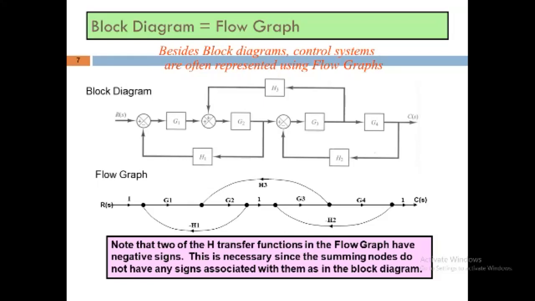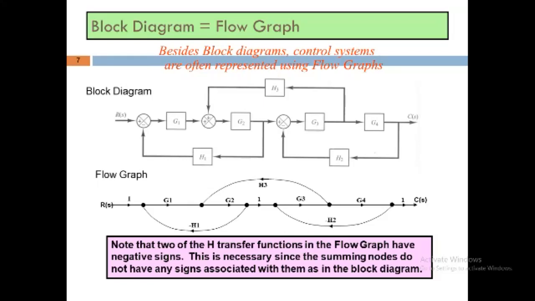To derive this expression, we know that the transfer function is equal to the ratio of the Laplace transform of output to the Laplace transform of input. We consider this as G of S, where G means gain.